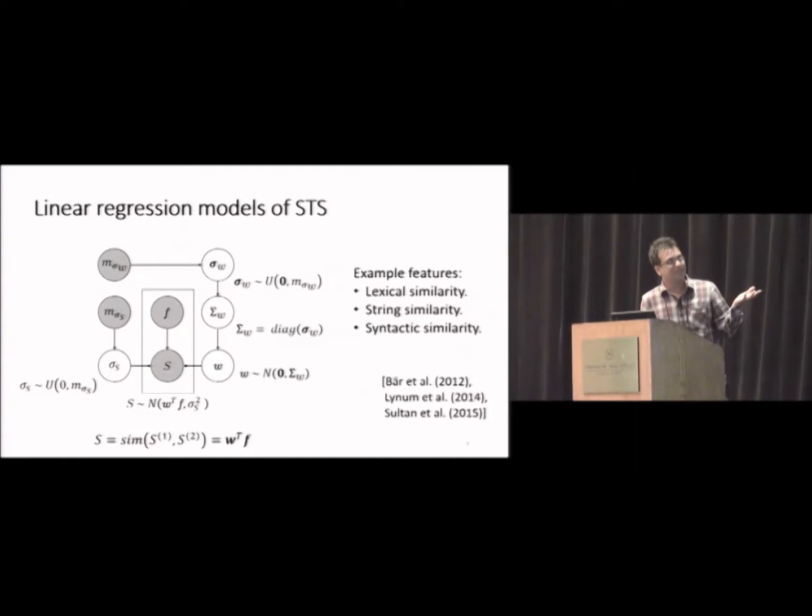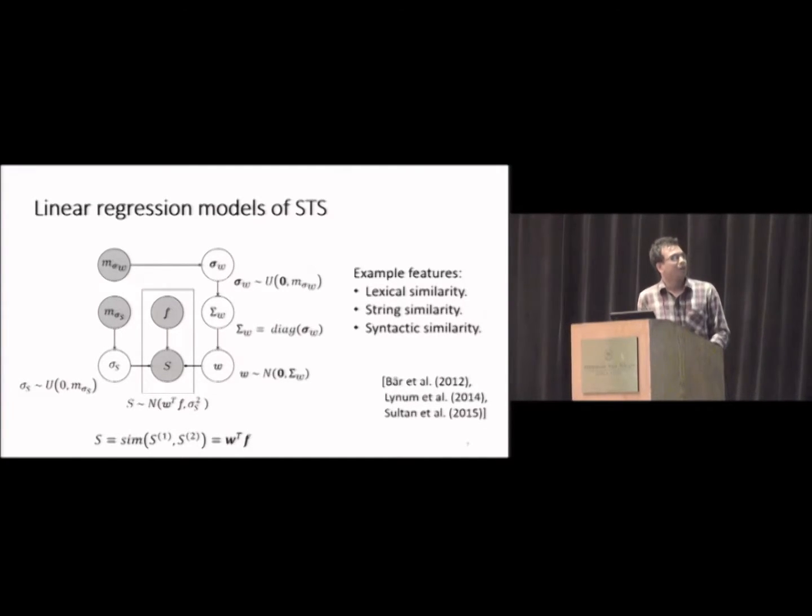This is a simple linear regression model for the task of STS. S represents the semantic similarity between the two sentences, and it is just a weighted sum of the features. F is the feature vector, W is the weight vector, and given label data, the task is to compute the weight vector from the training data set.